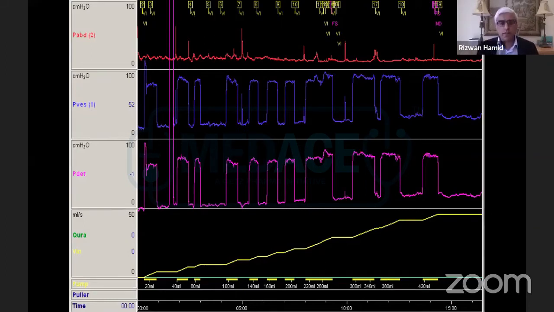So what is the normal compliance? For every 40 mils you infuse, according to the ICS, you are allowed 1 centimeter rise in pressure. That is why if you infuse about 400 mils, if the pressure goes up to 10 centimeters of water, that is normal compliance. If it goes above that, then it is abnormal.